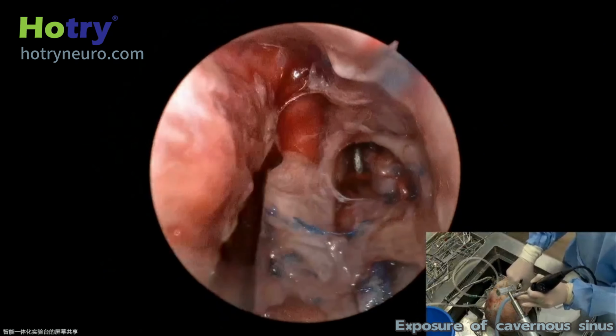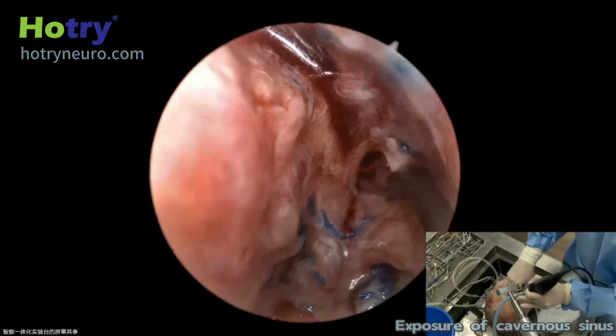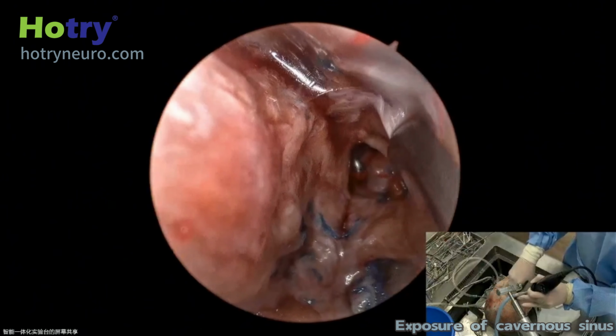Now let's take a look at the third nerve. So this is the fourth, and so this has to be the third.